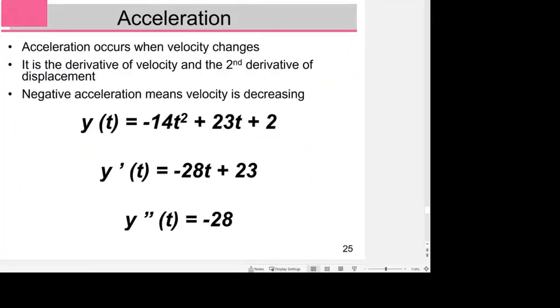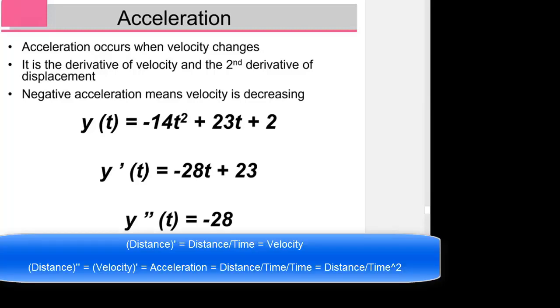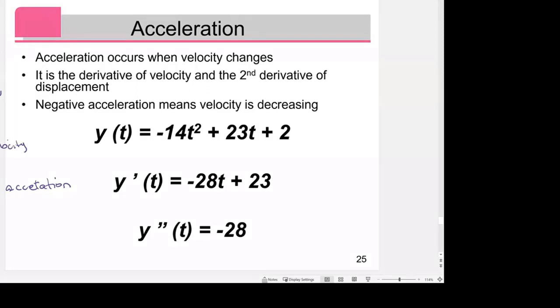Now, the next thing we're going to talk about is what is acceleration. So we already said that if we go distance and we take the derivative, we get velocity. But now if we take the derivative of velocity, we get acceleration. How do we get the second derivative? Well, this is my first derivative.